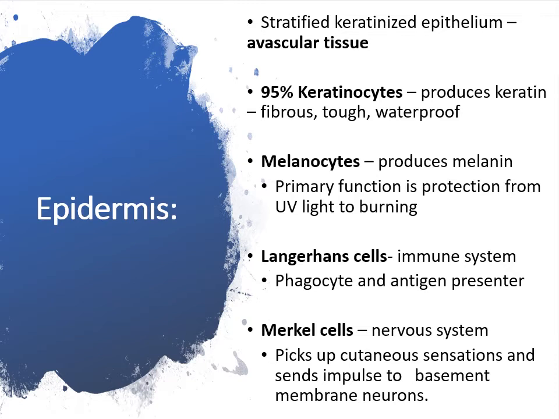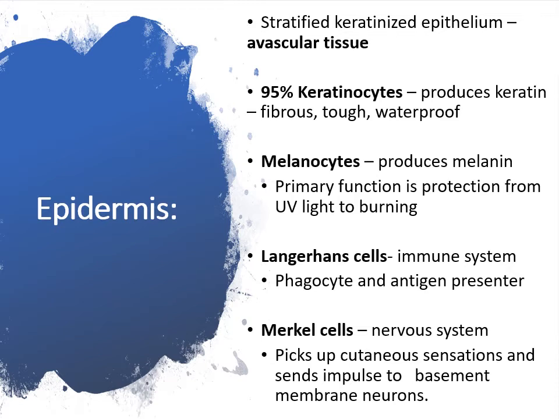And that provides protection to the skin, to prevent potential cancers from forming, because UV light, as we'll see, is damaging to the skin and leads to a variety of cancers. So melanin provides protection to the tissue.